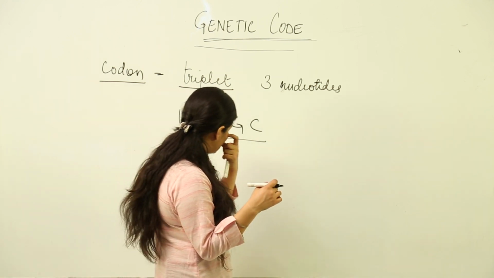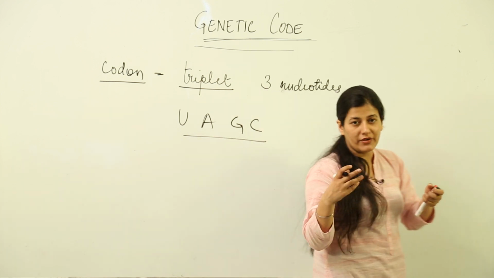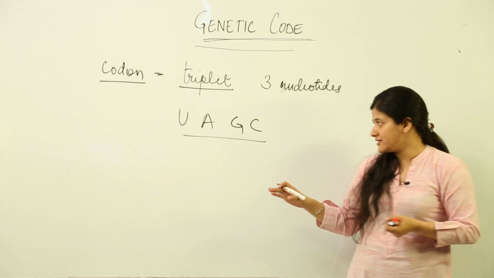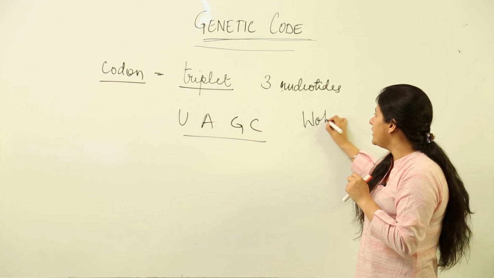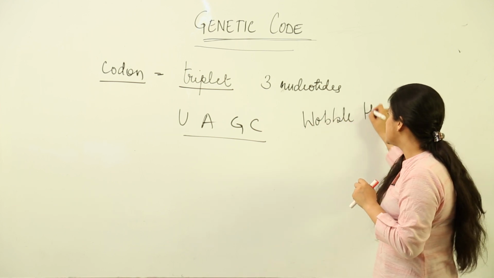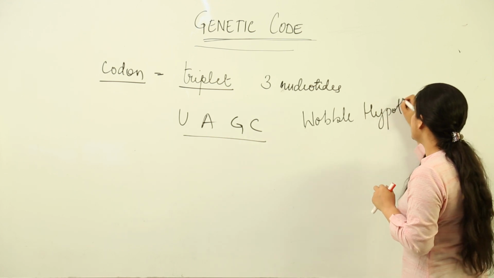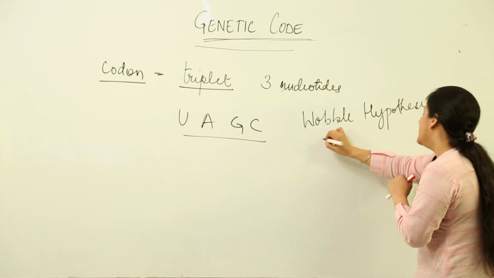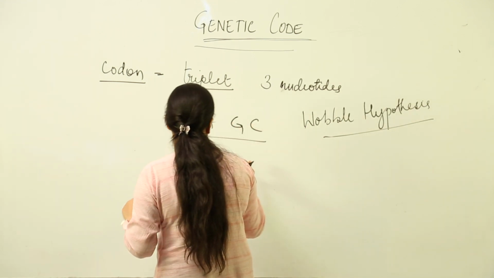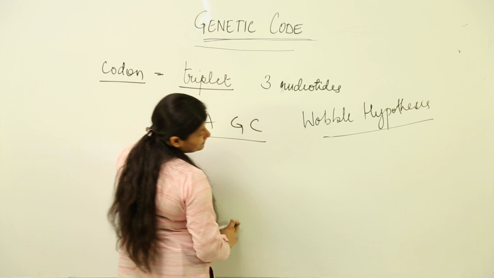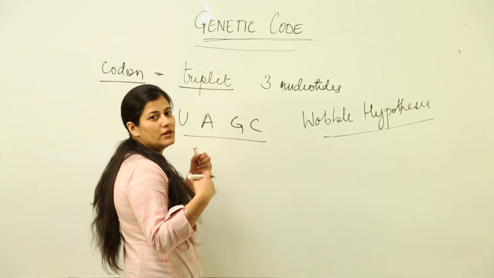Various studies led to the proposition of the various codes for various amino acids, and you have to keep in mind that Crick gave us a very simple wobble hypothesis, a simple proposition that gives us an idea of how to name the amino acids. There are many amino acids, like lysine, glycine, serine, methionine.